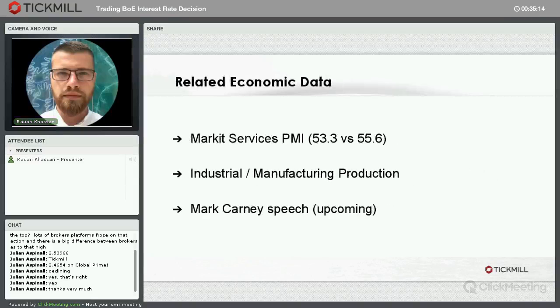Back to the related economic data, the recent services PMI had already a negative effect on the British pound as the services number got worse than the previous reading, and no change in monetary policy was considered by traders as a cautious move from the policymakers. So that's why the immediate market reaction was selling.